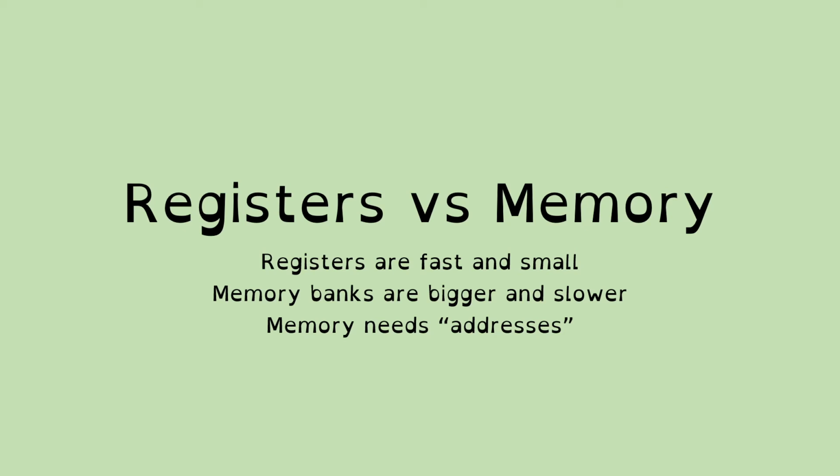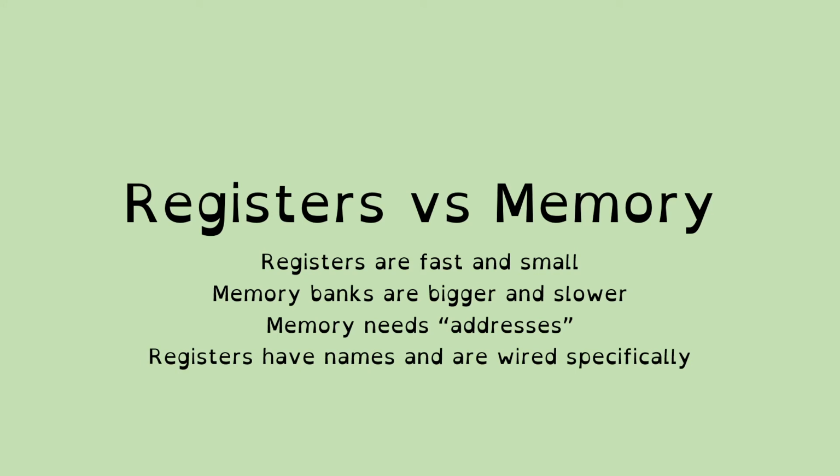And I said earlier in this video that one of the forms of numbers that are used in CPUs is memory addresses. And in contrast to that, registers don't have addresses. They have names, which are used in terms of thinking about them and designing them.